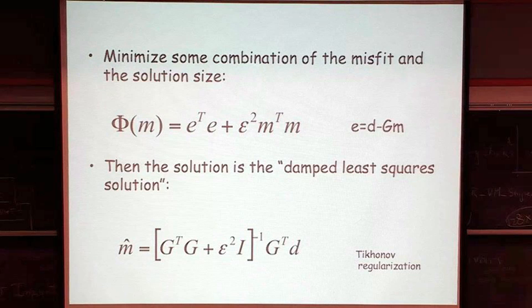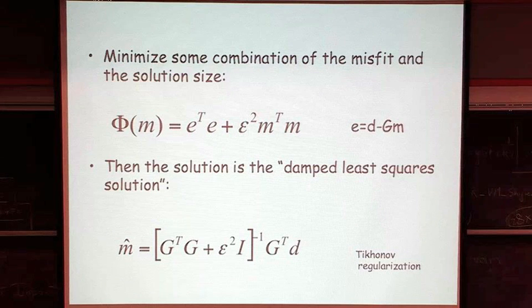Something we do quite frequently, the way we pose this problem, is to minimize some combination of the misfit, the distance between the data and the predictions from your model, and the solution size. And the way to cast it is you have this functional, which depends on the model, which is the misfit squared, plus some weight parameter times the norm of the model.